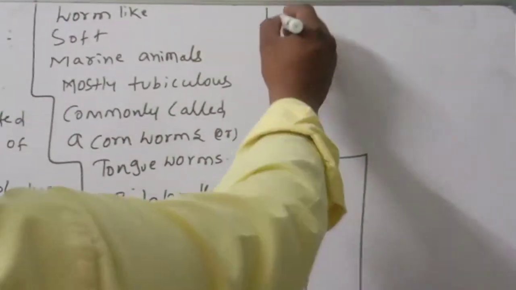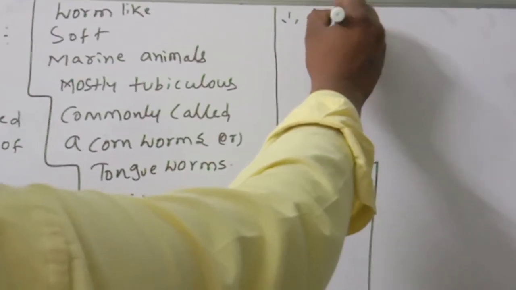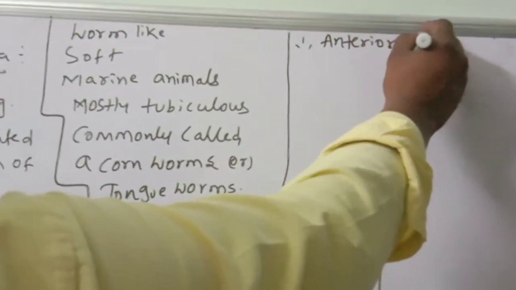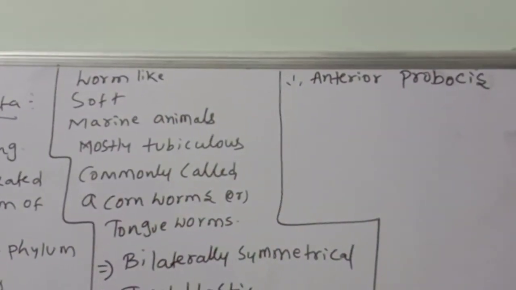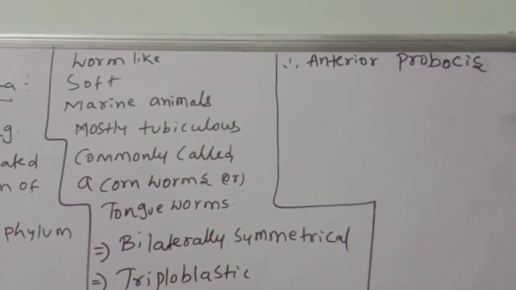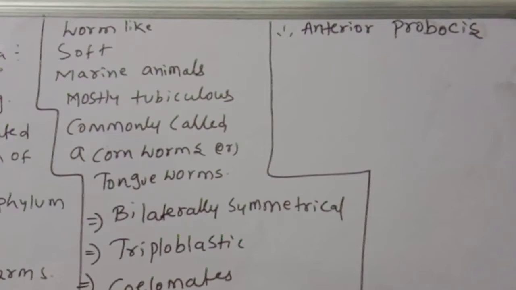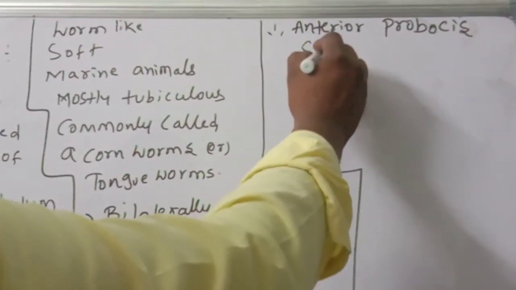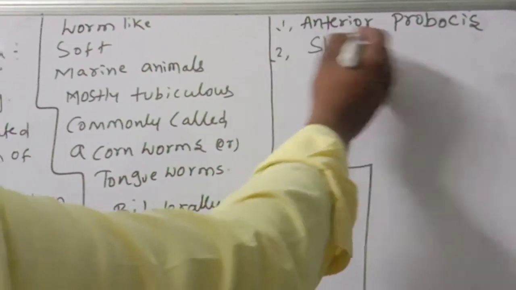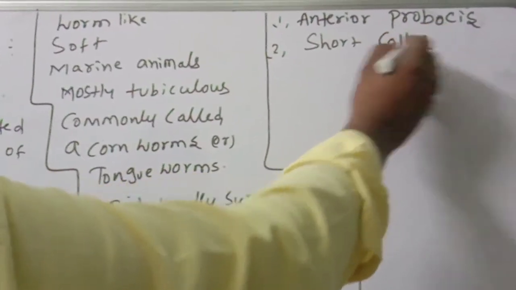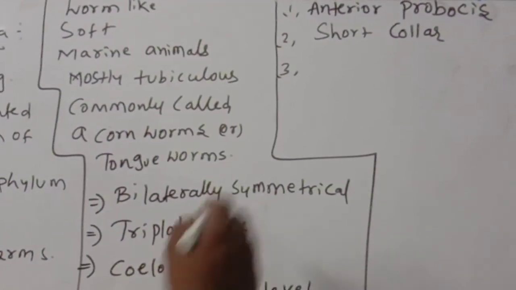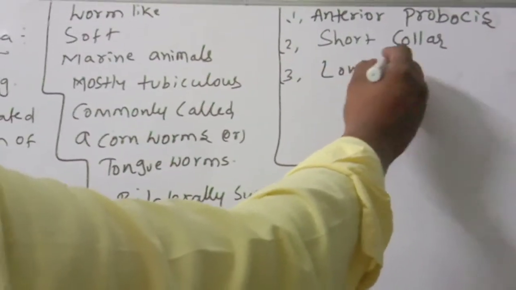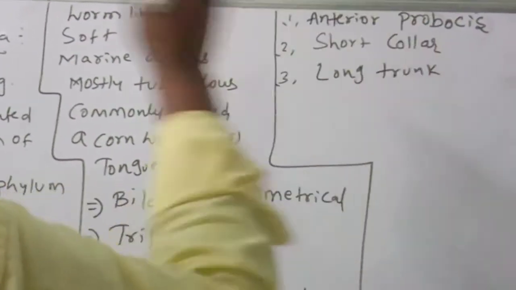First one is the anterior proboscis, another is the short collar, and the third one is the long trunk.